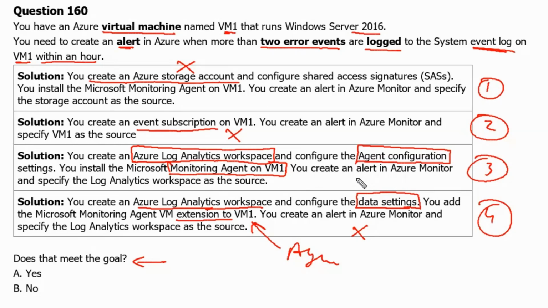And the last act is that we will create an alert in Azure Monitor and specify the log analytics workspace which we have created earlier as the source. So solution 3 is the correct answer.